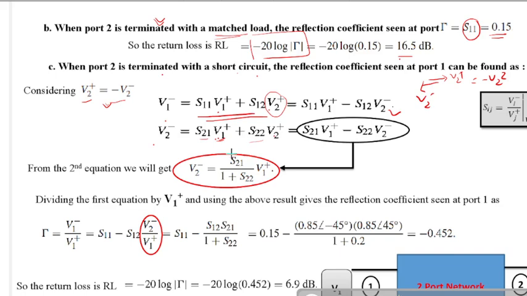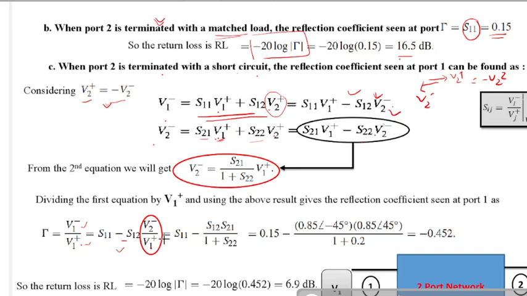With the variable separation method, we can find the value of V1 minus divided by V1 plus. If we put everything in, the equation finally becomes: if you take the ratio V1 minus by V1 plus, it becomes S11 minus S12 into V2 minus by V1 plus. So just putting the V2 minus value in this equation, we get this.